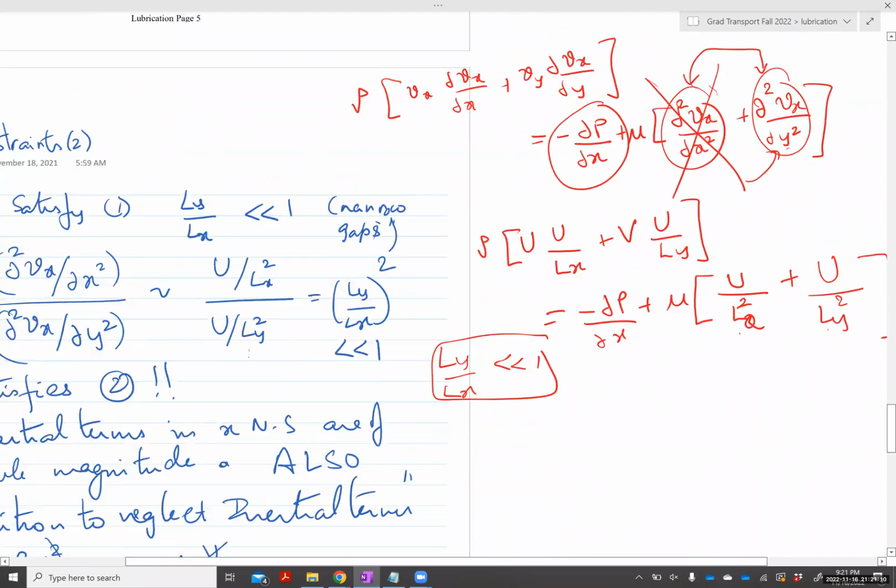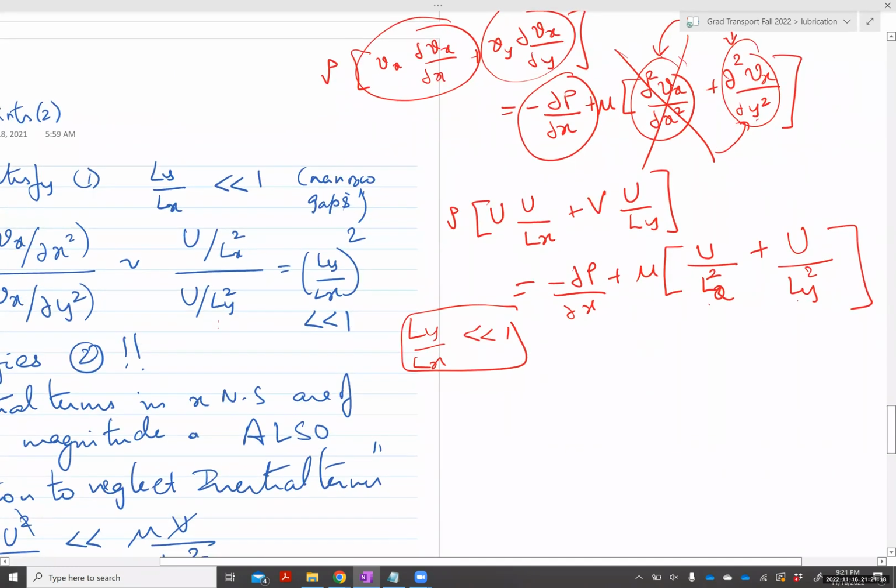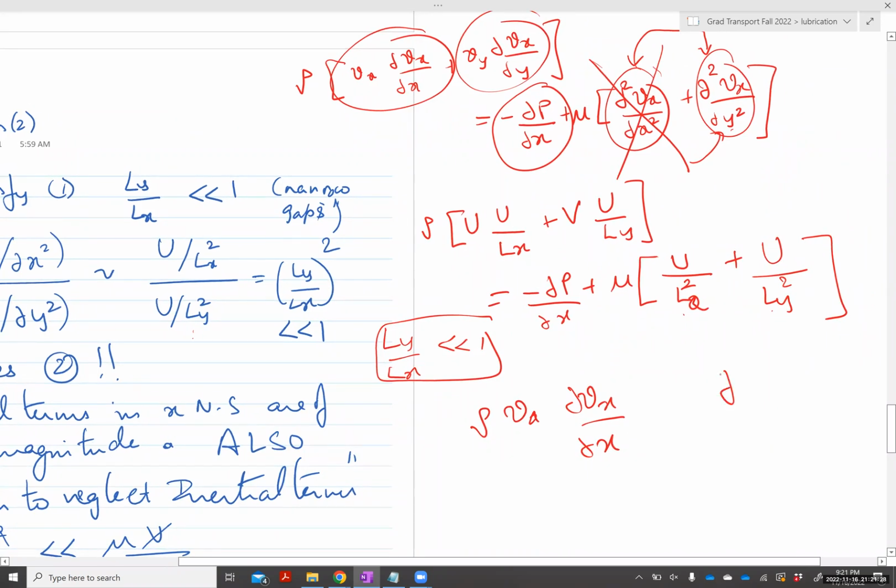Now let's come to these two terms: rho times Vx, dou Vx over dou x, and I want to compare that to mu times dou squared Vx over dou y squared.